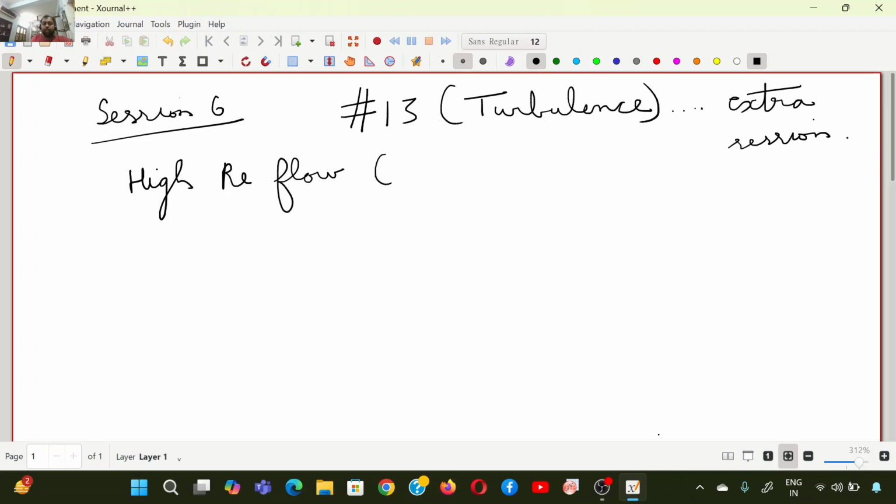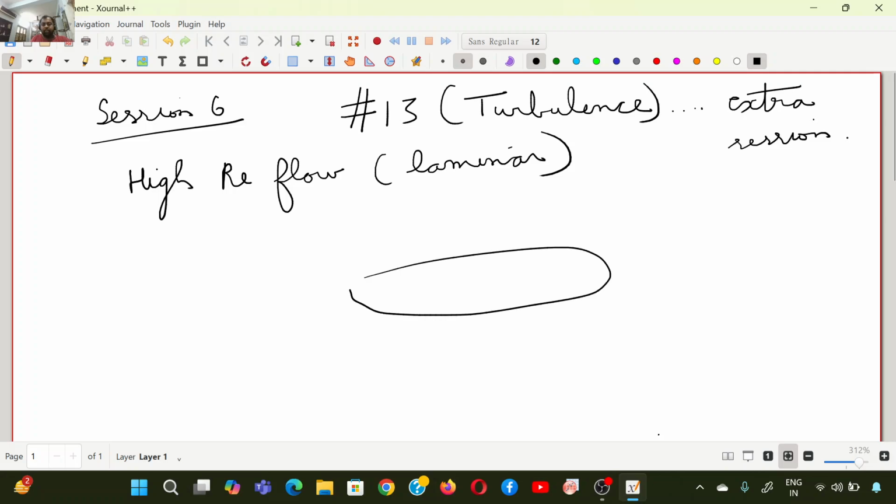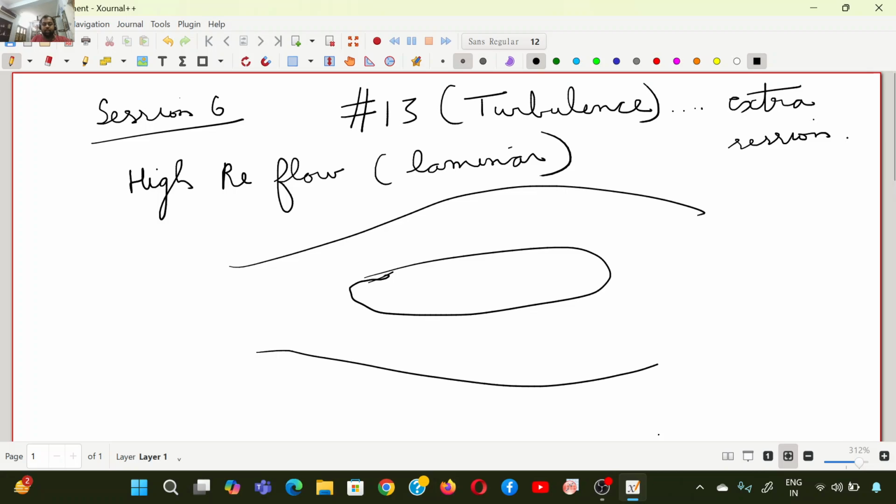say for the laminar flow condition, but with high Reynolds number. So this is our solid object, and fluid flows around it like this.